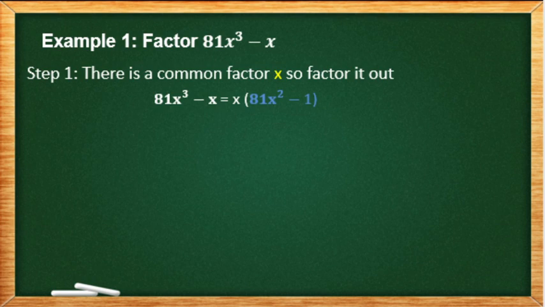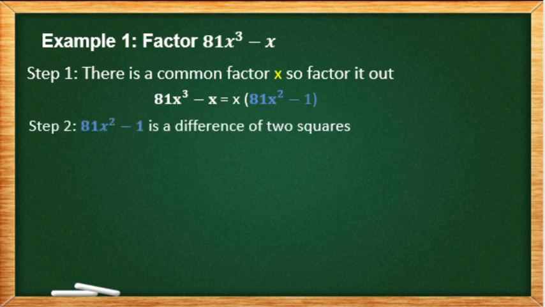Yung naka-blue font na yan, ibig sabihin, factorable pa rin ba siya? How? You need to check how many terms. 2 means binomial. Is it difference of 2 squares or difference of 2 cubes? Kasi minus, difference of 2 squares yan kasi perfect square yung 81x squared and perfect square yung 1. So, get the square root of 81x squared and 1. The square root of 81x squared is 9x.